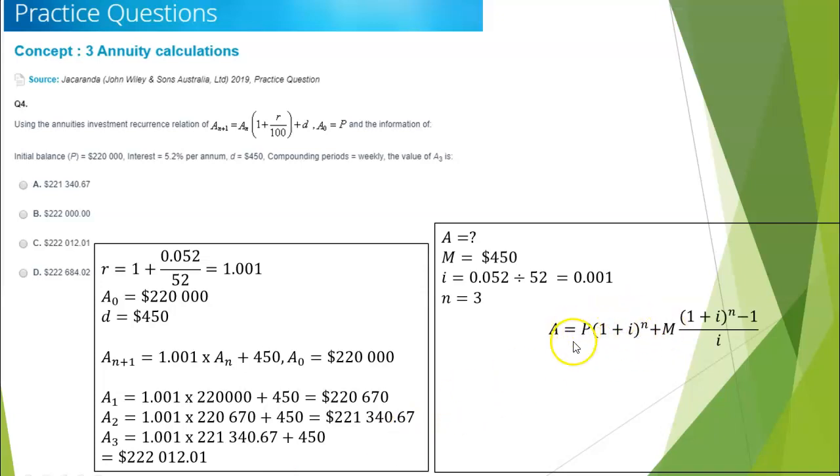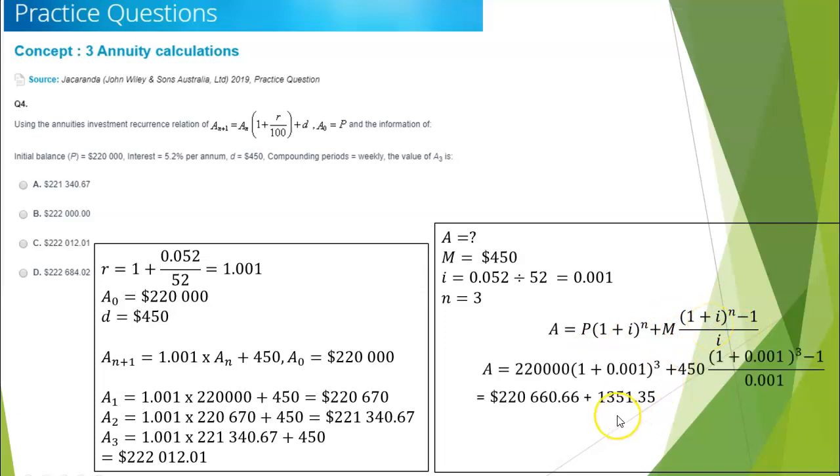Now this is the interest earned on the 220,000. This is the future value of the annuity. Plug them in together, just as I have in previous examples. Add them together, and you can see I get the same answer. So my answer is letter C.